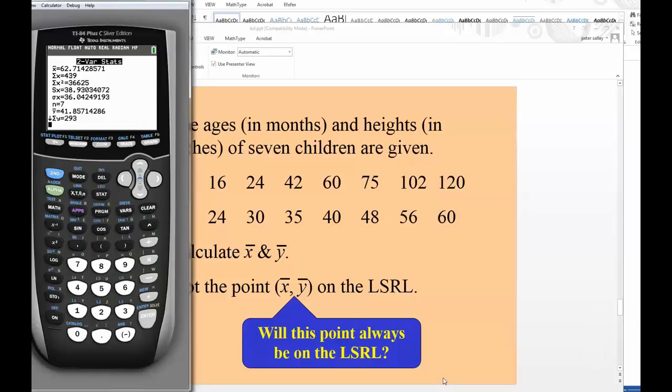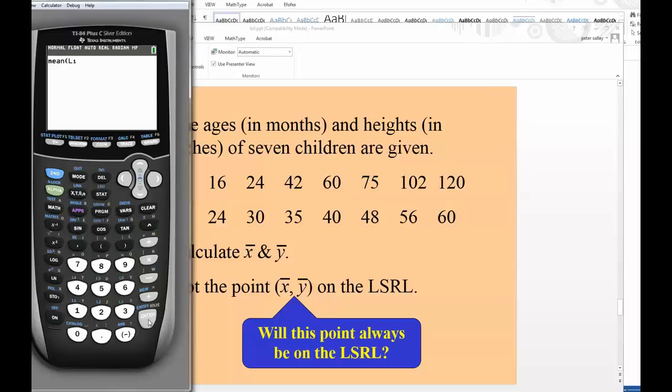All right, so I'm going to suggest we write these numbers down for right now, because I would like to know if it's on the actual line itself. So what I'm going to do is have the calculator predict y when given the 62.7. Now the problem is if I type in exactly 62.7, I'm estimating x bar, and I want to use it exactly as the calculator has it. We've actually seen how to do this. So if I go to list and go to mean, I'm just going to have the calculator redo the x bar, the mean of the x's.